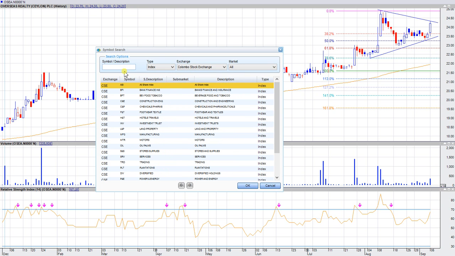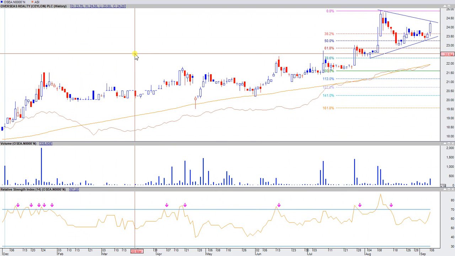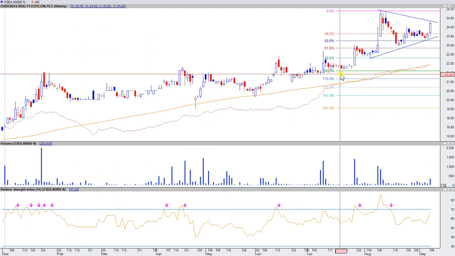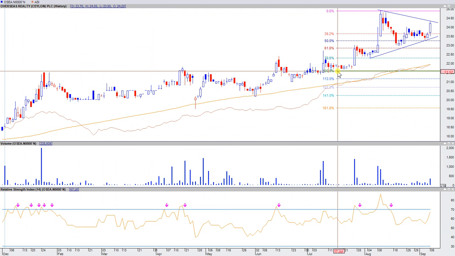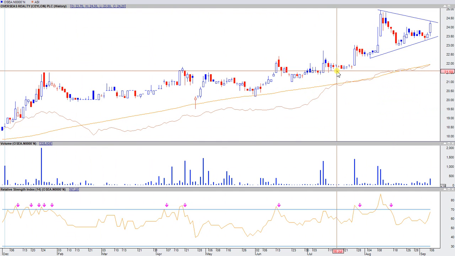So this is the ASI index, which is highlighted here, which I'm going to put here. Excellent. Now you are seeing the ASI. Let me remove the grids, it will be very clear, and let me remove the Fibonacci tool as well. So we are getting a clean chart.